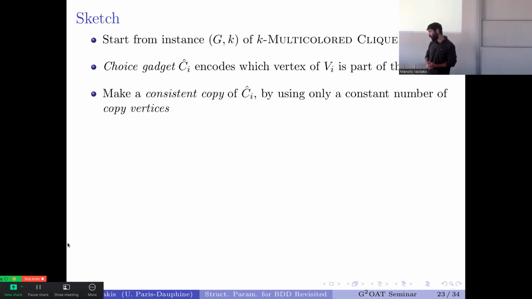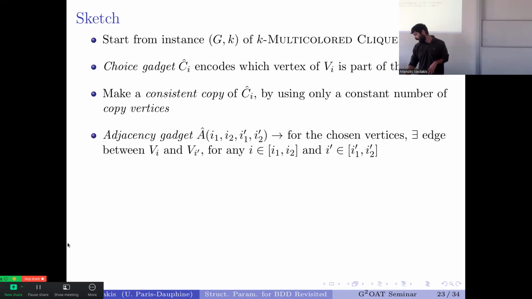Then we show how we can make copies of this gadget that are consistent, in the sense that they encode the same choice, while using only a constant number of additional vertices that connect the two choice gadgets. And then we have this adjacency gadget, which has four numbers as input.